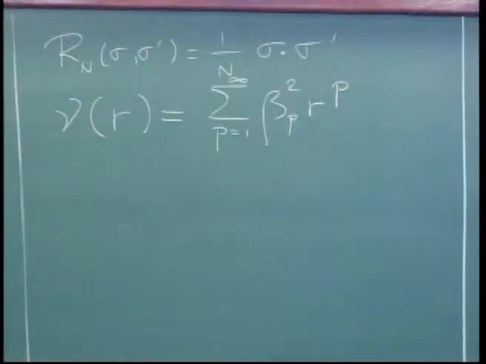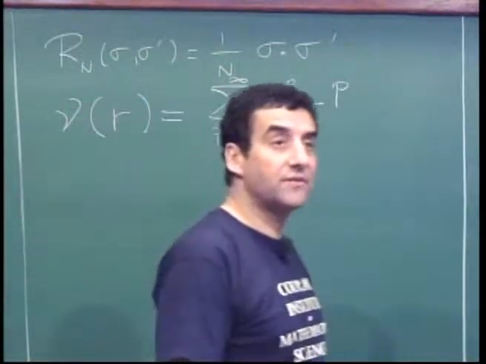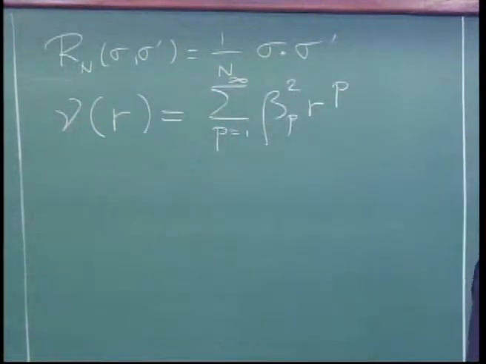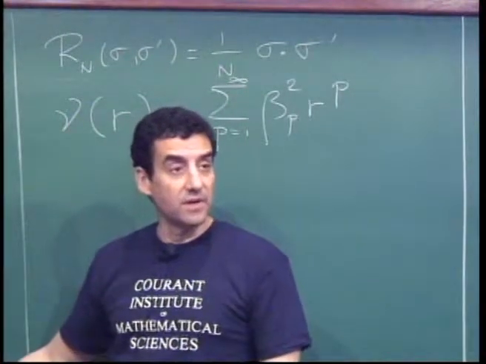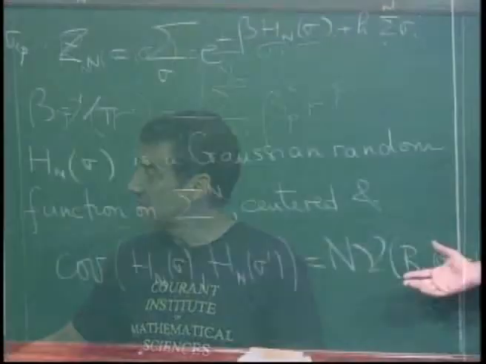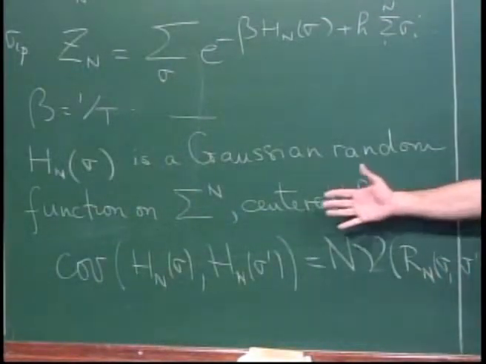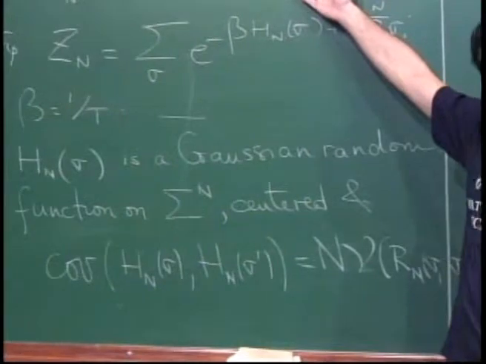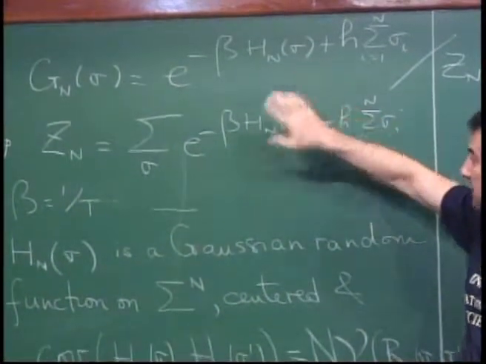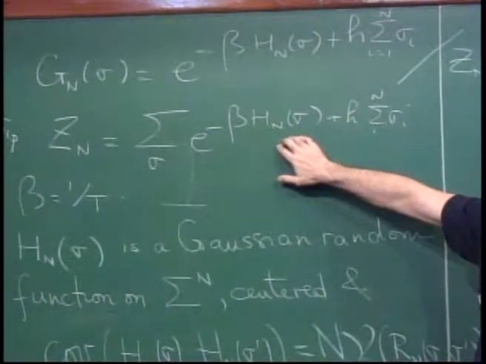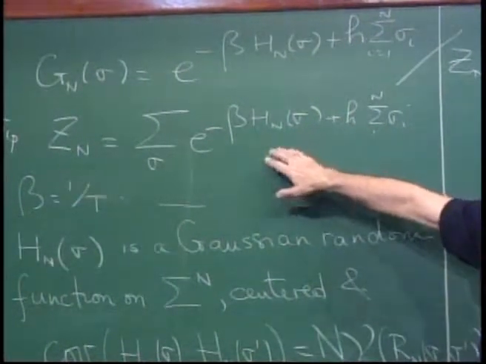So the natural metric defined by the Gaussian vector is a function of the metric on the cube, and it would be the same on the sphere. That's probably the best way to introduce those models. This contains the whole information. So now we have this random function on the cube. We look at this random measure, which is random since H_n is random, and at this random number, which is the free energy, and we want to understand them.